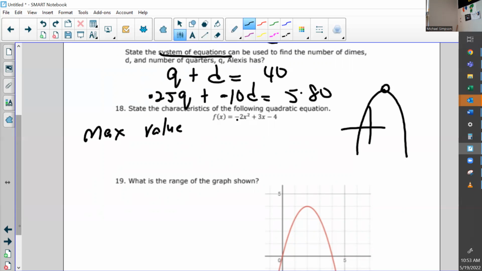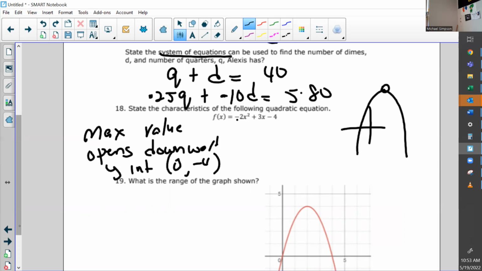So it has a max value, it opens downward. The y-intercept is 0, -4, and this is graphing it. So just graph it and see what it is. The domain is all real numbers. And the range is y is less than or equal to approximately -2.9.